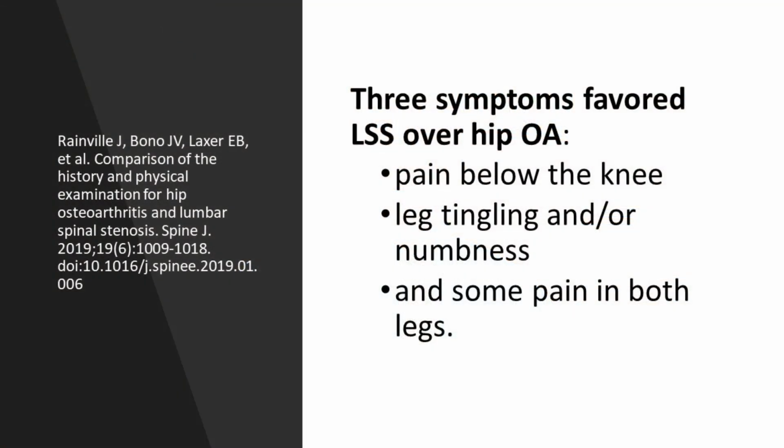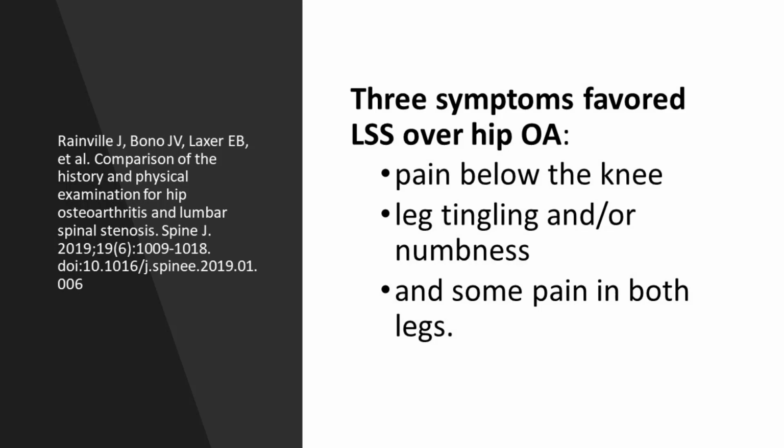These next 3 slides highlight a study done by Rainville last year in the journal Spine. It was an online poll of over 50 musculoskeletal physicians on over 80 different signs and symptoms that patients have, whether it's lumbar spinal stenosis or hip osteoarthritis, and took the most valued signs and symptoms to help in decision-making process as to the origin or where the pathology for the patient exists.